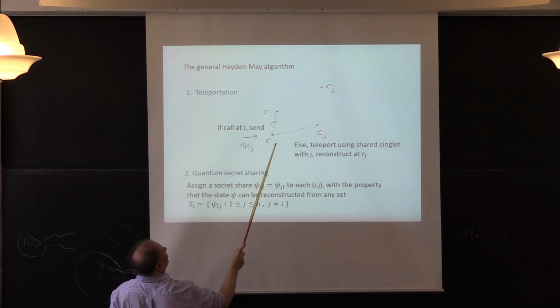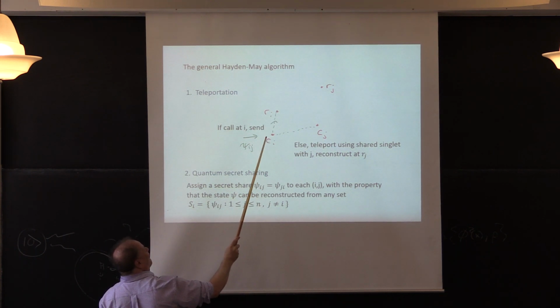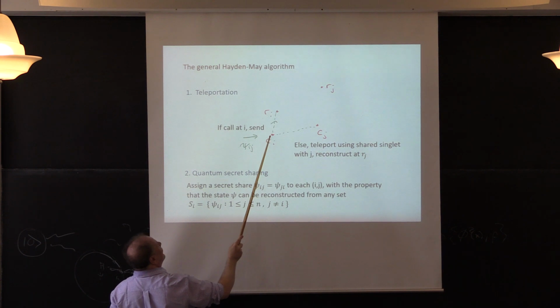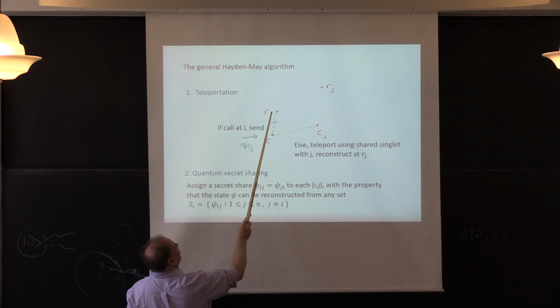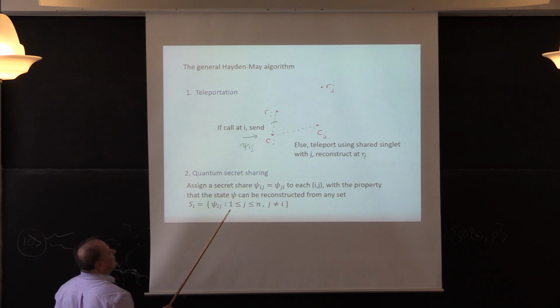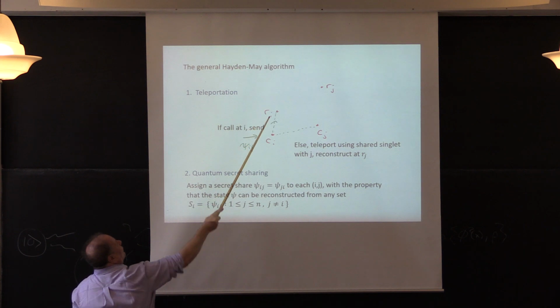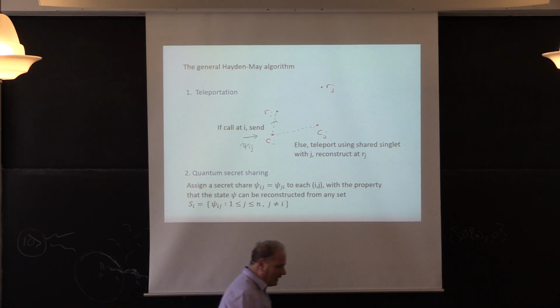Doesn't matter whether your diamond is the preceding or the succeeding one, so to speak, in the causal relationship. Either way, it will get to the right return point. So all the psi ij's will get to Ri, and then you can reconstruct the state from the set of all the psi ij's and hand it over.